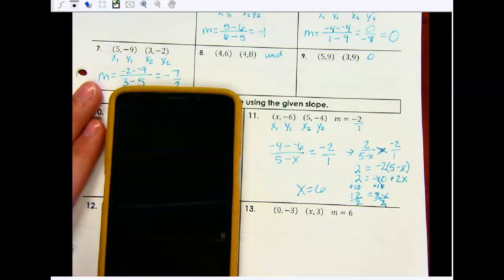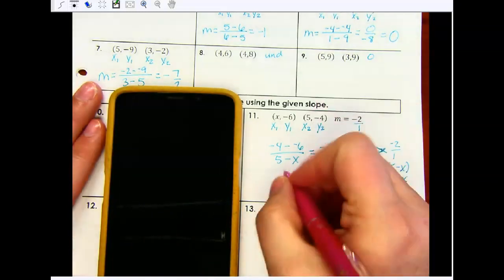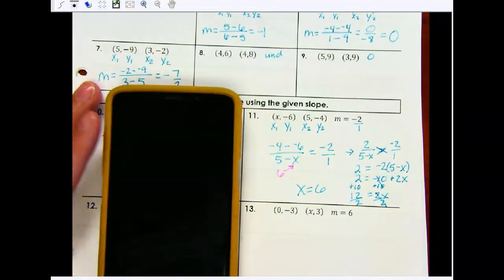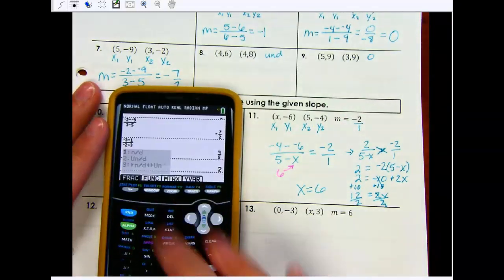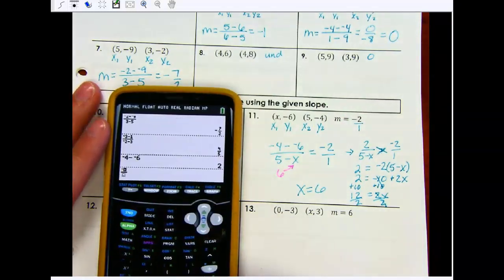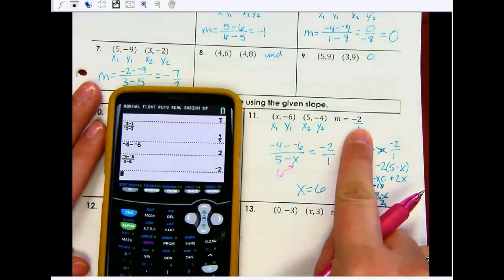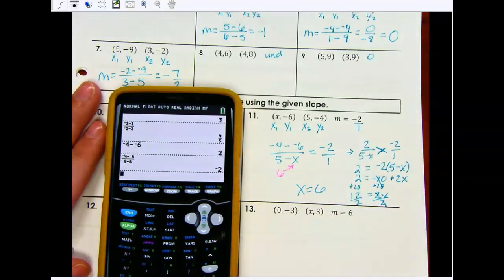So that means right here we should have 6. So let's see if we get a negative 2 when we do this. We have negative 4 minus negative 6 over 5 minus 6, and it does equal negative 2, which is what we wanted. So that's great.